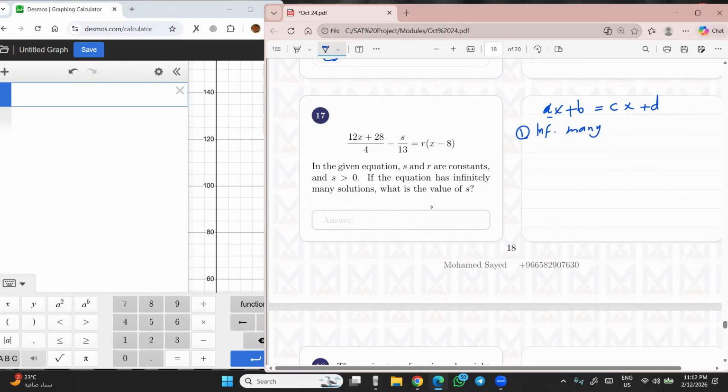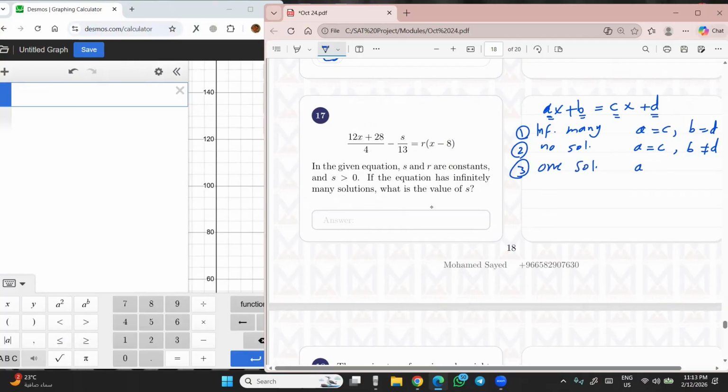And this happens when A is equal to C and B is equal to D. The second case is no solution. And this happens when A is equal to C only, B is not equal to D. This is no solution. The third case is one solution.